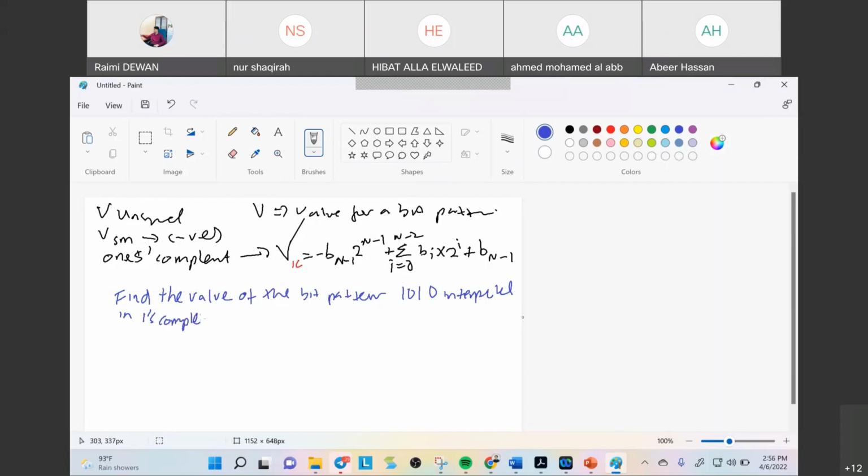They will tell you whether you need to solve using sign magnitude, one's complement, or two's complement, so you need to be aware of the notation. You can see how many bits you have: n equals 4 bits. I put different colors so that it is easy to differentiate.